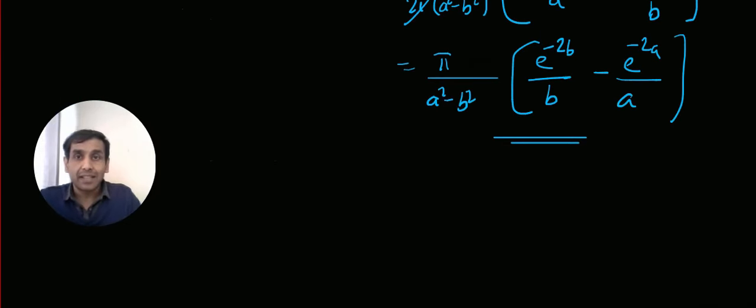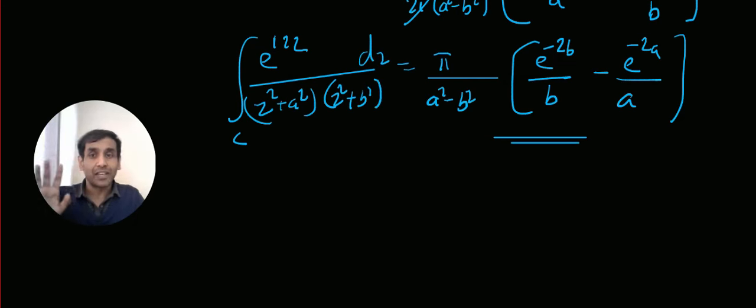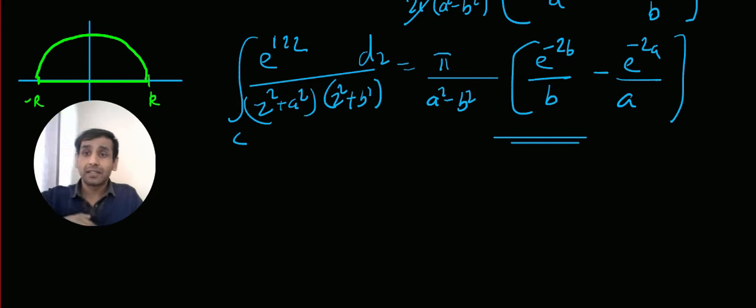So I'm going to write like this: the integral over C of e power i2z divided by (z square plus a square) into (z square plus b square) dz equals this thing. The contour is from minus R to plus R and the region above the x-axis. So I'm calling it C plus.